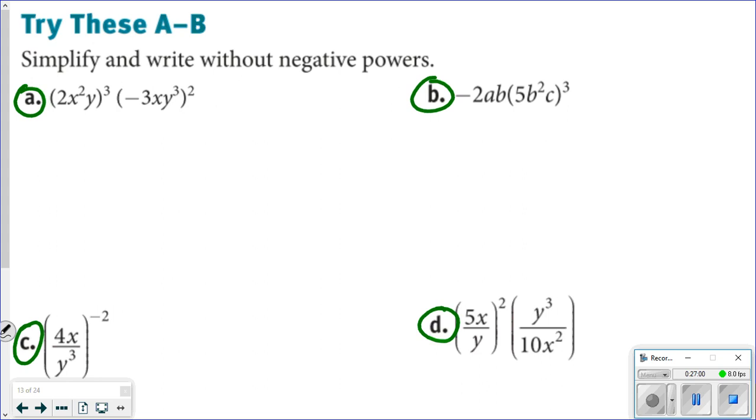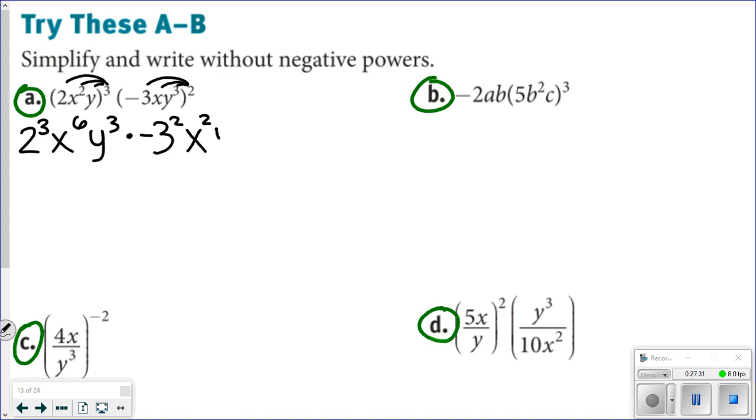So letter A, distribute. So 2 cubed, x to the 2 times 3 is 6, y cubed, and that's being multiplied by the next set of parentheses. But I have to distribute the 2 to each base, so negative 3 squared, x squared, y to the 3 times 2 is 6.